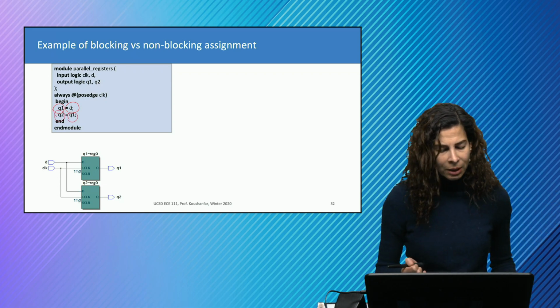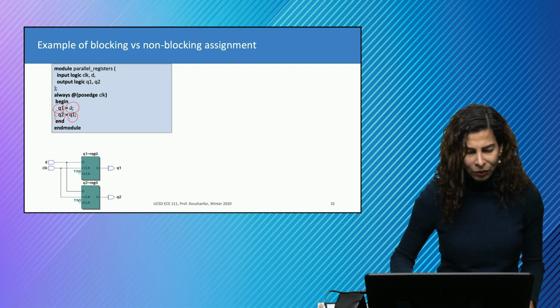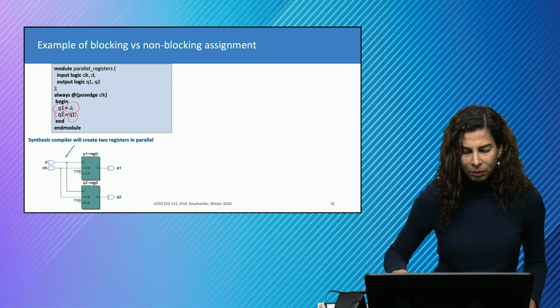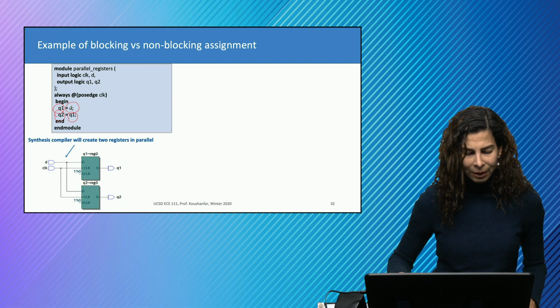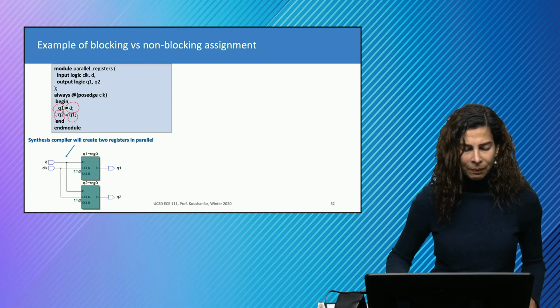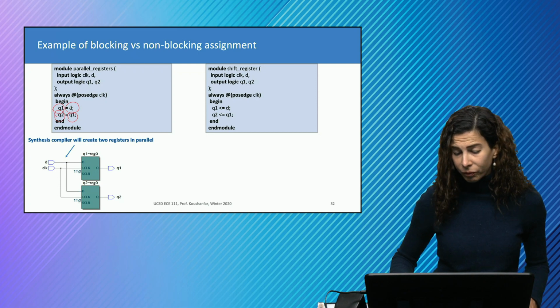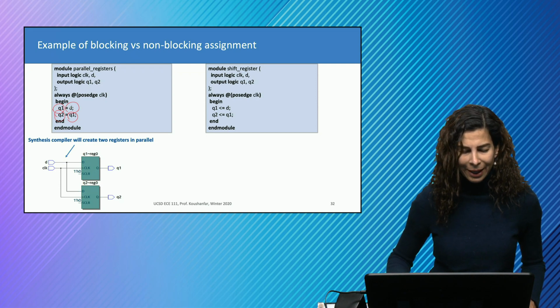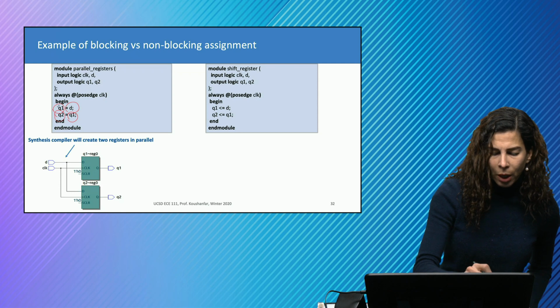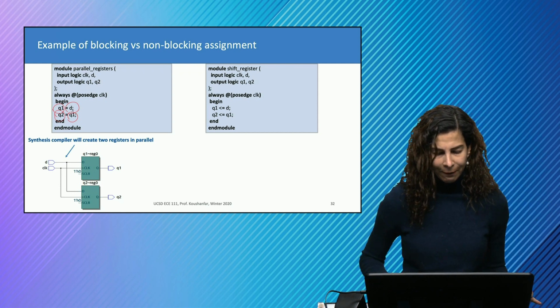But this is blocking, so this is going to create two registers in parallel, because this is not really understanding that these two are connected. This is just going to assign values.